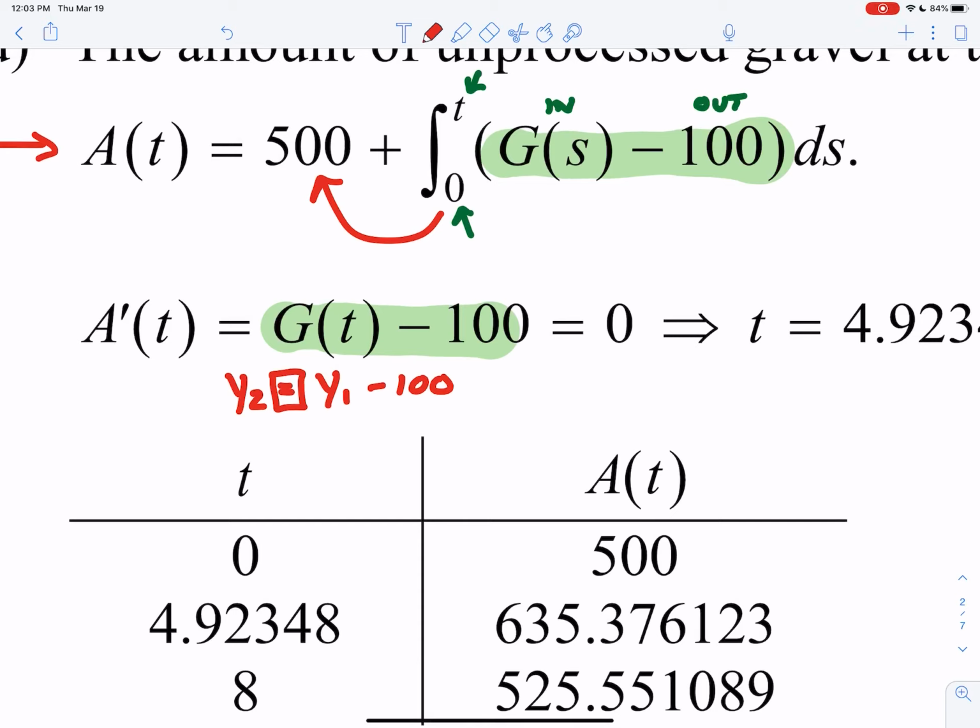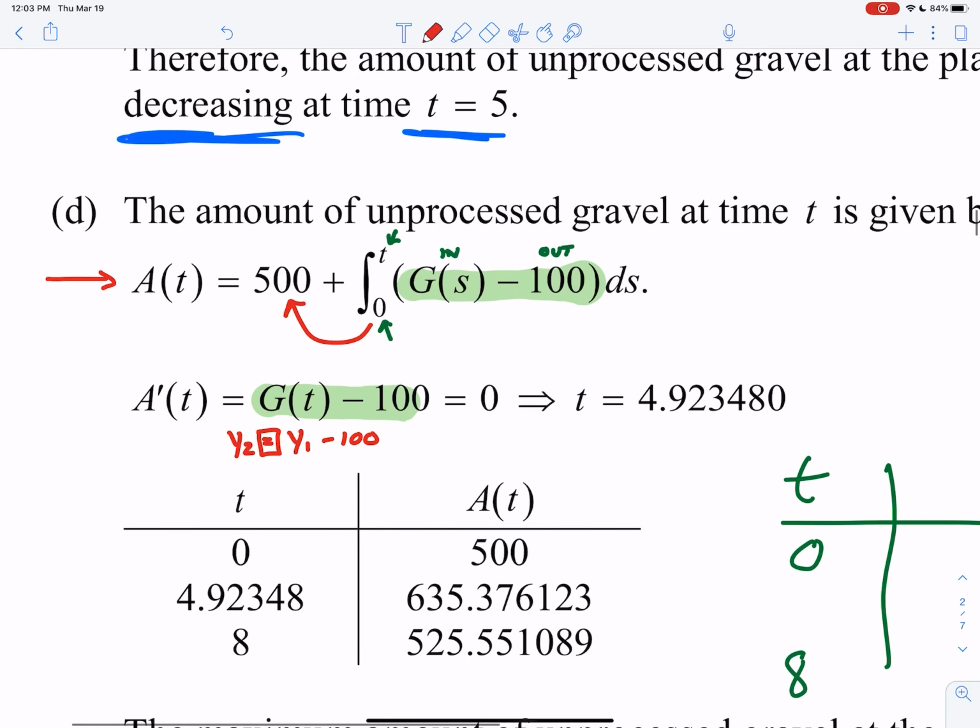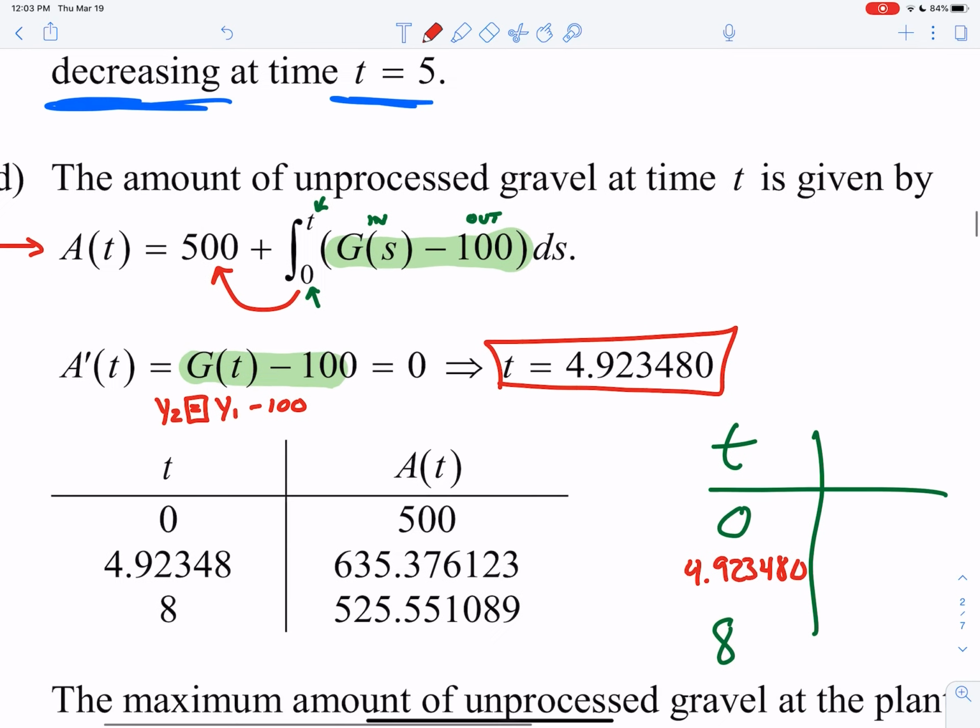You would just have to calculate it by going to second, trace, 2, and then find your 0, picking an appropriate left and right bound. It really doesn't matter if you guess, but if you did it right, you should have a 0 at 4.923-ish, which is your critical number. So I'll put that in here, 4.923. Now, you shouldn't round it because it's not the final answer, so just keep that in mind.